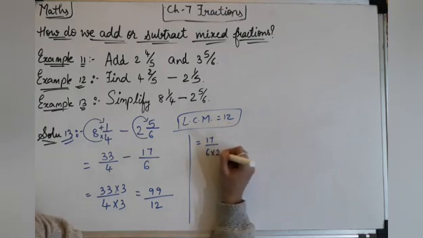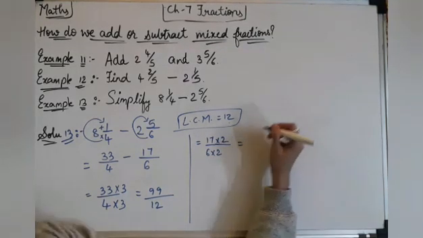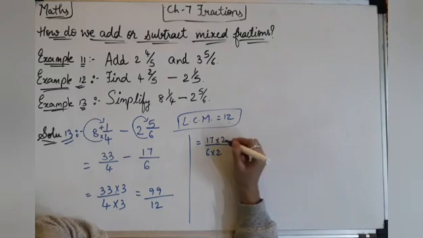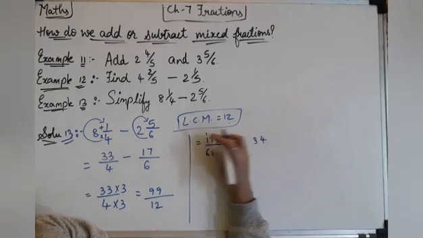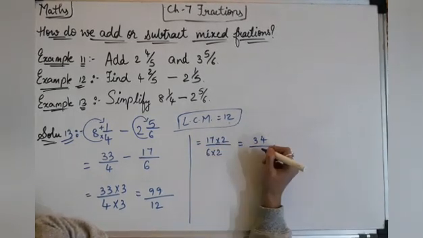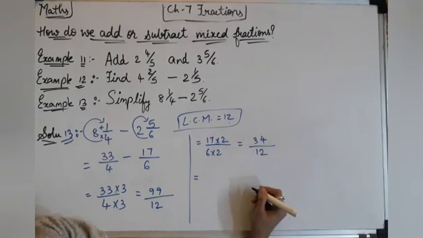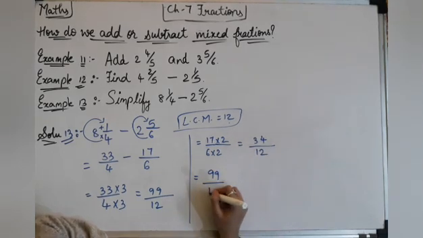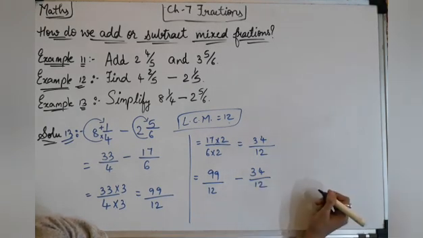By 2, right? So in the numerator also I multiply by 2. 17 2s: 7 2s are 14, 4, 1 carry, 2 1s are 2, 3. 34, and 6 2s are 12. Now we'll write together 99 upon 12 minus 34 upon 12.